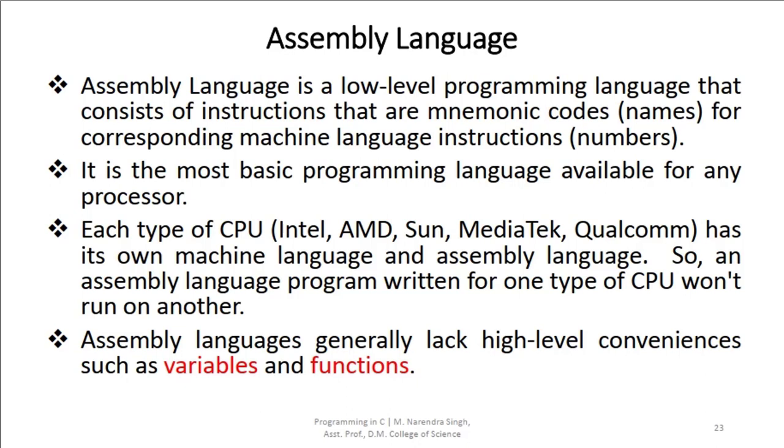Each type of processor or CPU has its own machine language and assembly language. So an assembly language program written for one type of CPU won't work or run on another. So machine language and assembly language are dependent on the machine. Assembly language generally lacks high-level conveniences such as variables and functions as available in high-level languages.